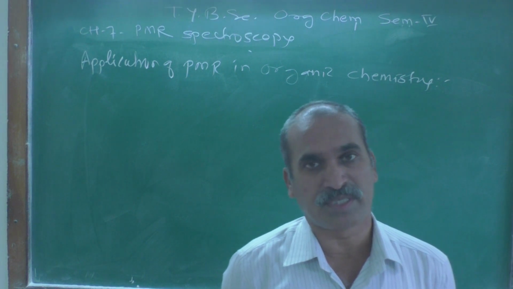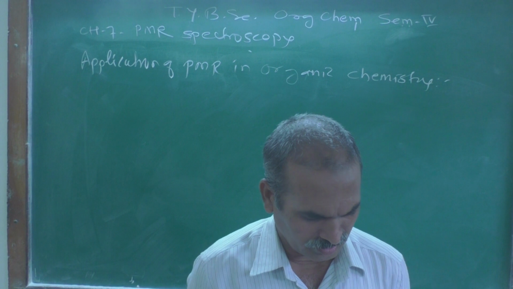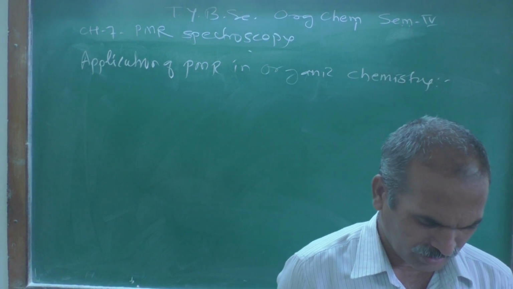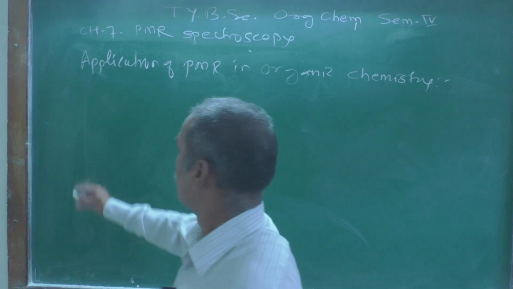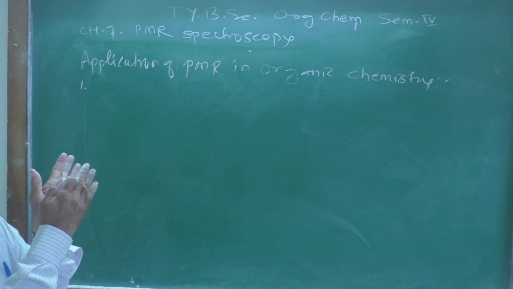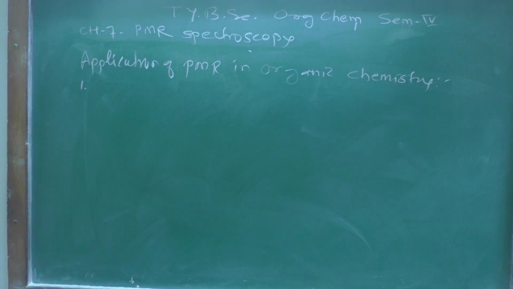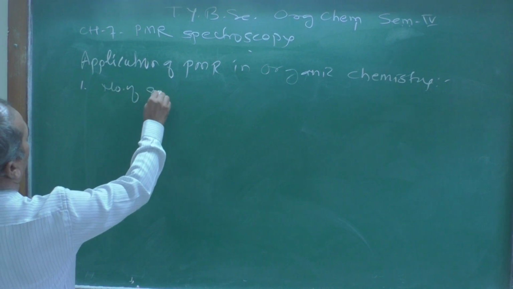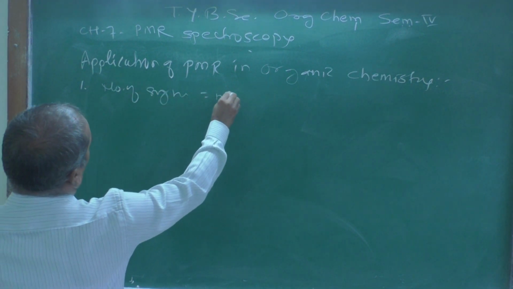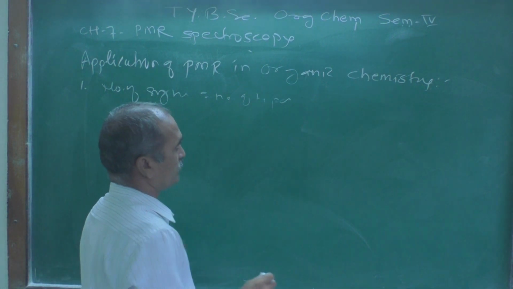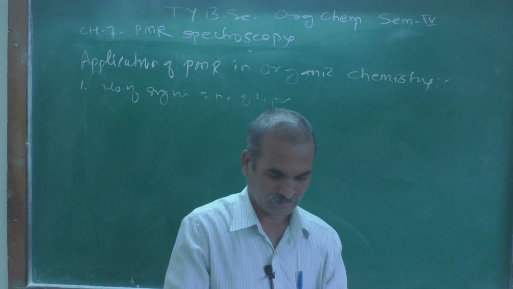If you see the spectrum carefully, the number of signals in the spectrum is equal to the number of types of protons in the molecule.